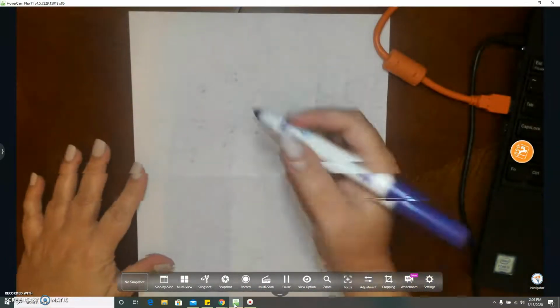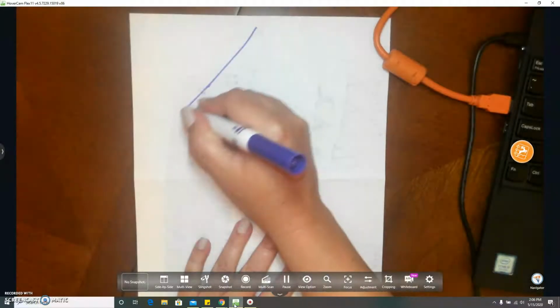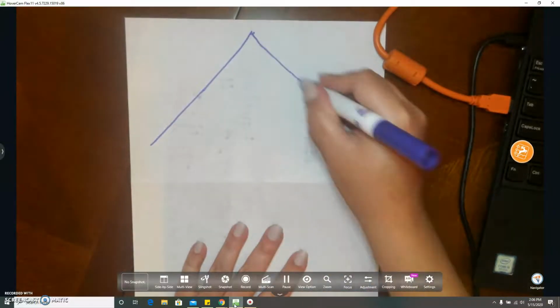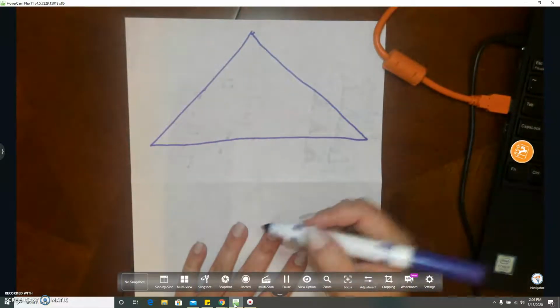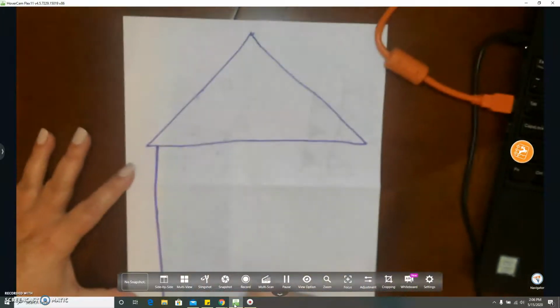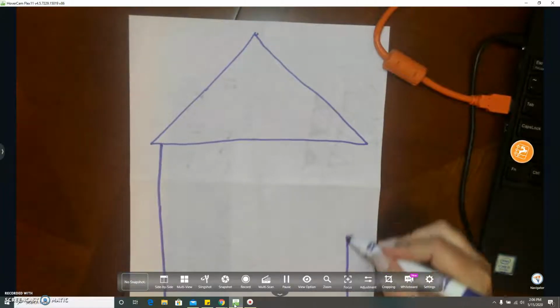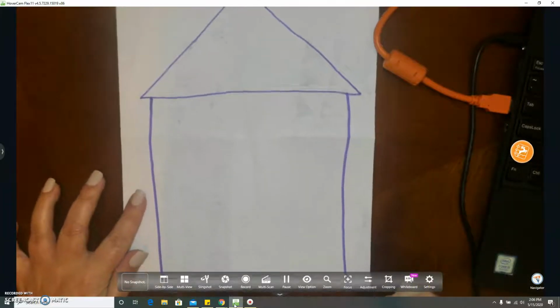Okay, so what we're gonna do is we're gonna draw at the top a triangle like this, and then we're gonna draw a big square like this. All right, can you guys see that? Yeah.